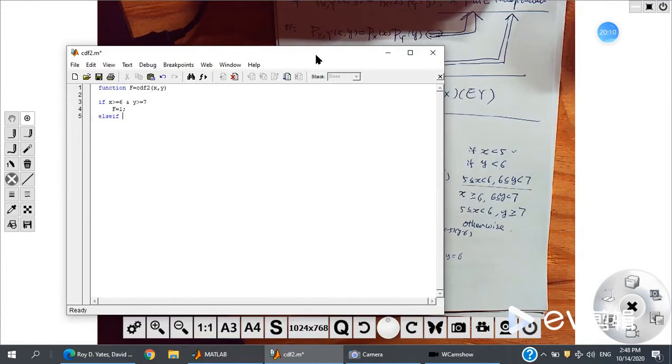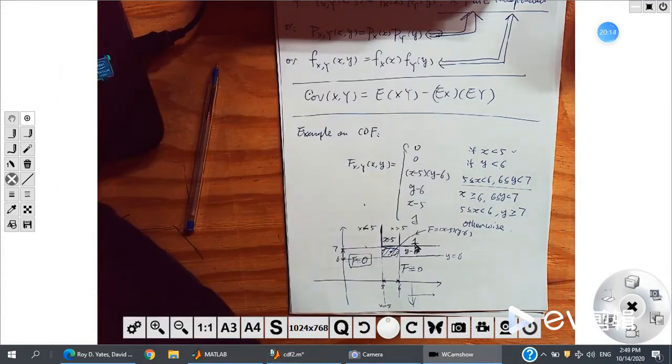Else if, now which one can we use? Actually, these are the 4 non-zero values, so I can use this top one. The function will be x minus 5, and the area is y larger than 7, x between 5 and 6.